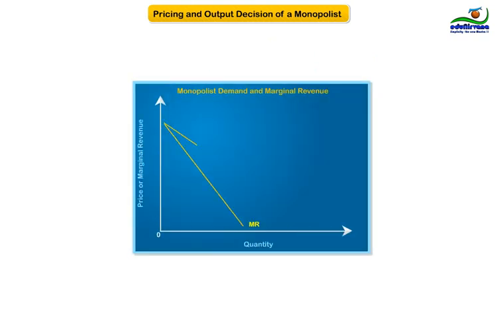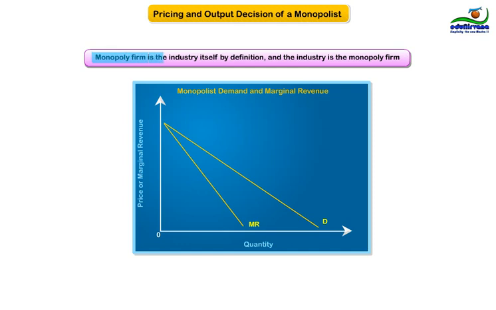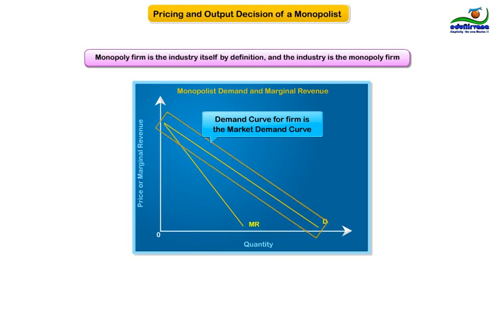Let's first understand monopolist demand and marginal revenue. As I have already told you, the monopoly firm is the industry itself by definition, and the industry is the monopoly firm. They are one and the same.